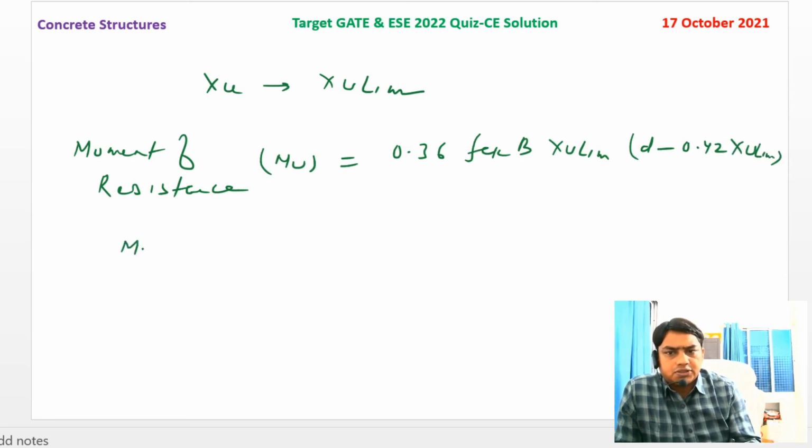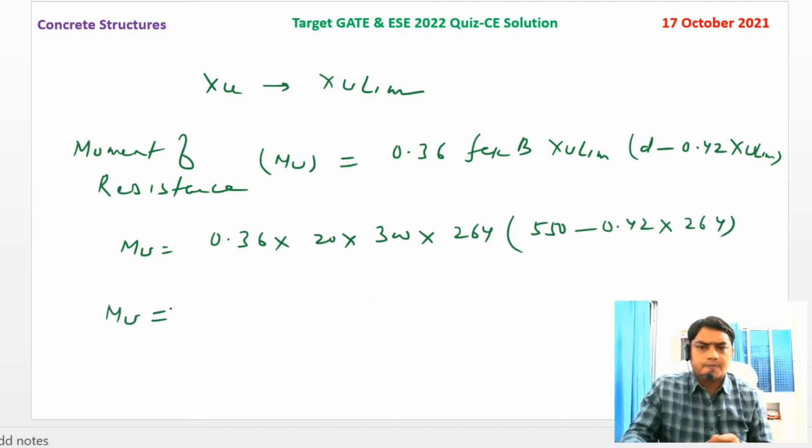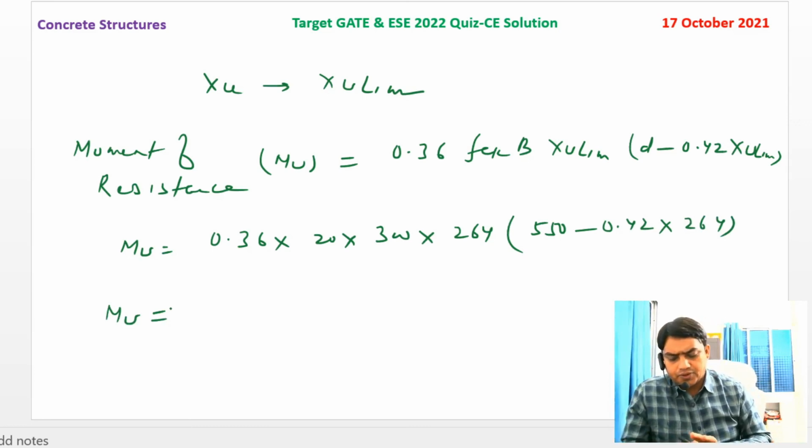So Mu is 0.36 into 20 into 300 into 264 into 550 minus 0.42 into 264.